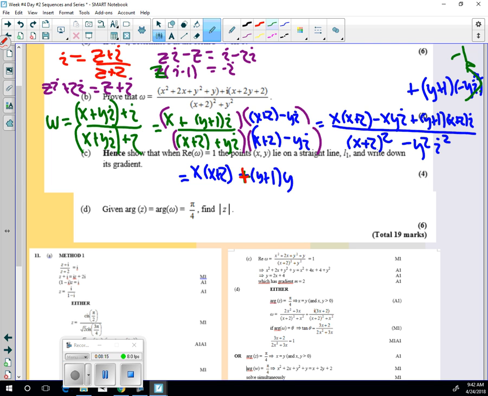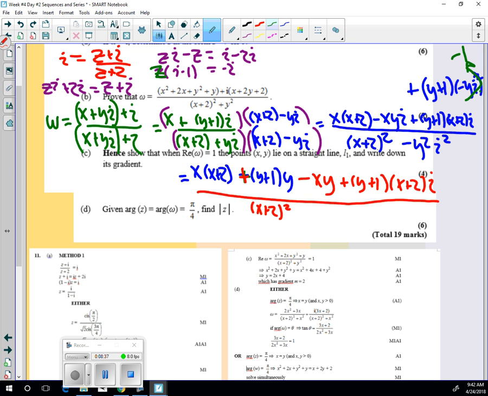And then it's going to be minus xy, and this will be plus (y plus 1) times (x plus 2) times i, all over (x plus 2) squared minus a negative y squared.